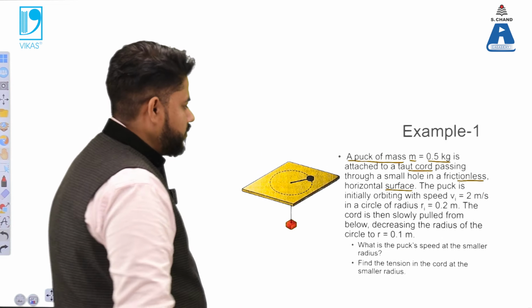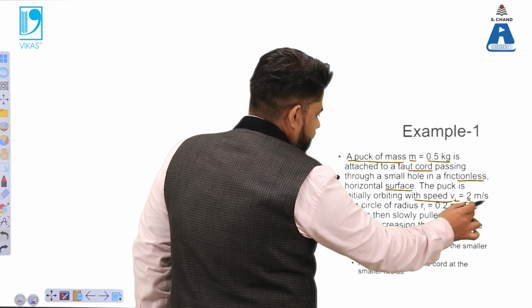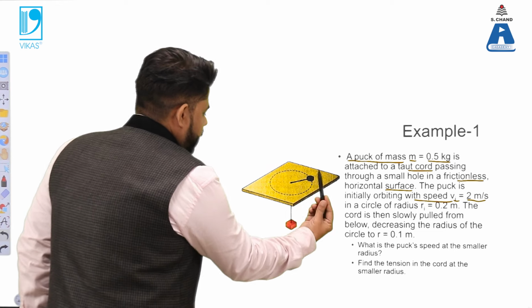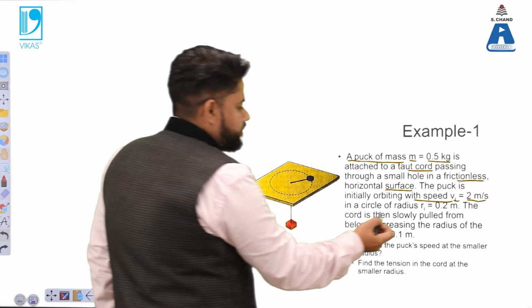The puck is initially orbiting with an initial velocity of 2 meters per second. That means this puck is moving with a velocity of 2 meters per second in a circle with the radius mentioned to us.